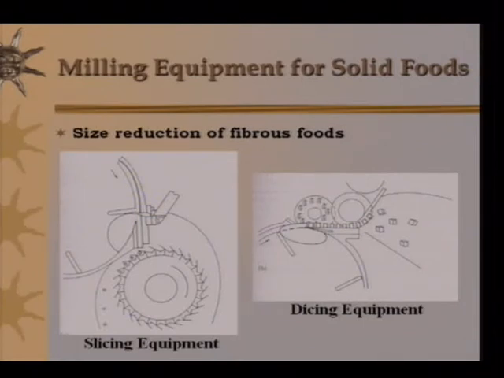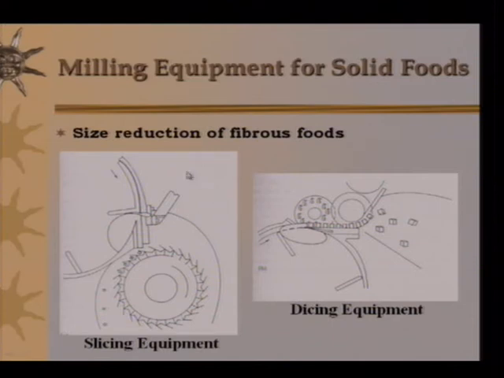If you see in solid foods something like fruits and vegetables, you need to reduce their sizes, and here again the size reduction of fibrous foods is going to be detailed. Now if you see here, the first picture is slicing equipment.